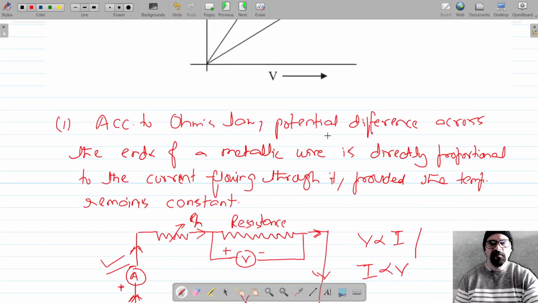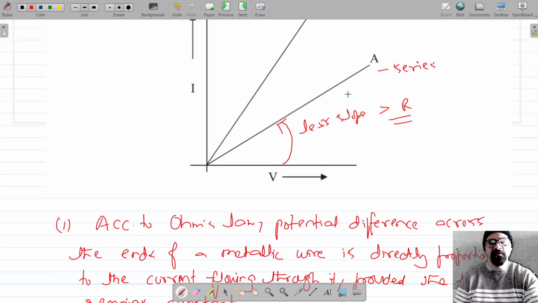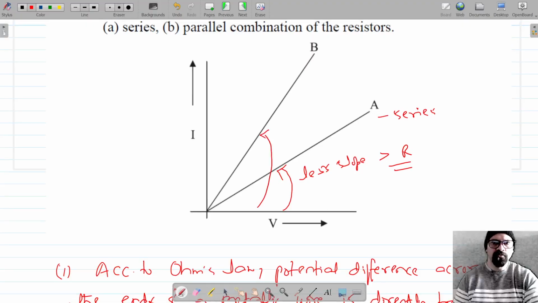So A has less slope, which means greater resistance, and greater resistance means that A is in series, because in series the resistance increases. B has more slope, which means less resistance, and less resistance means they are connected in parallel.